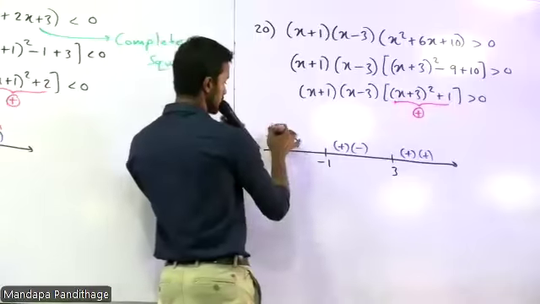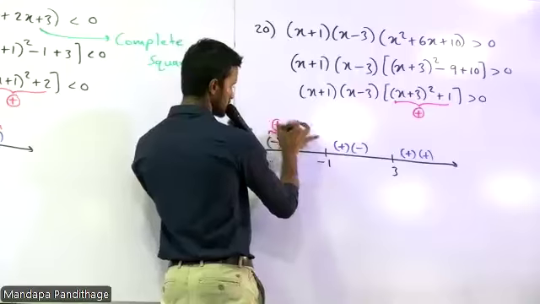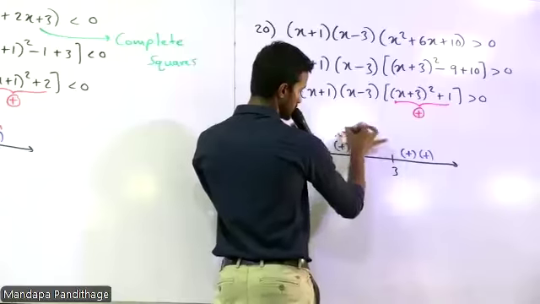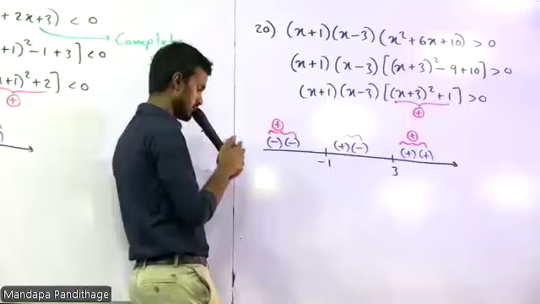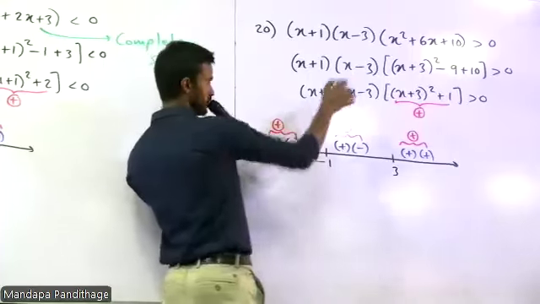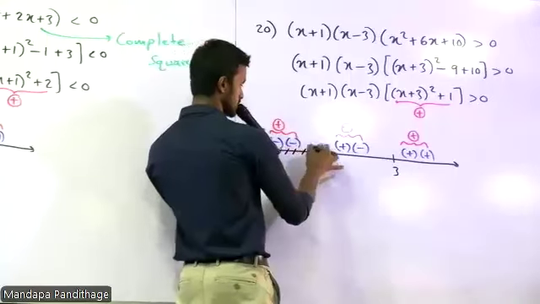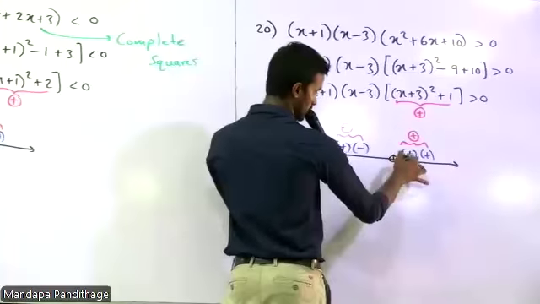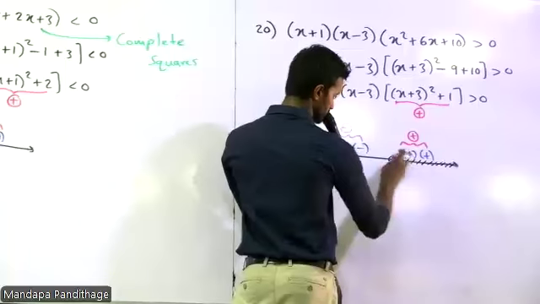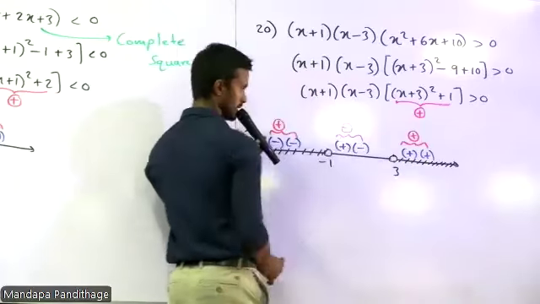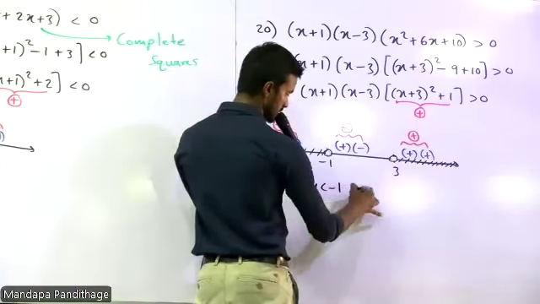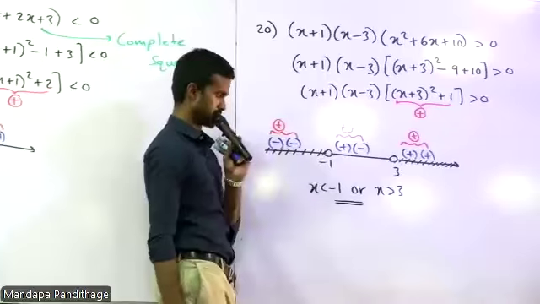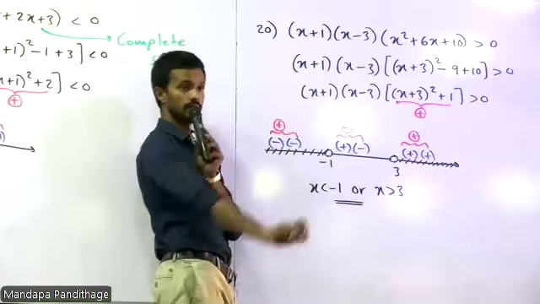Which means this one it's plus, minus, and this is plus. And the range that we should find is the positive range, which is this one, and which is this one. Okay. So the answer should be x is less than minus 1 or x is greater than 3. Okay, hands up who got x is less than minus 1 or x is greater than 3.